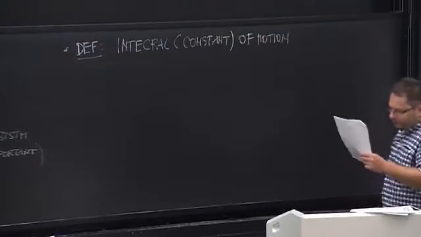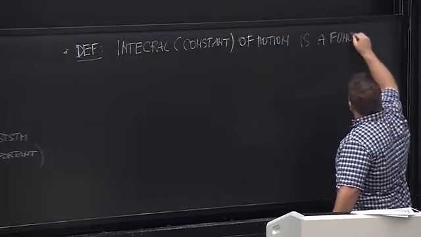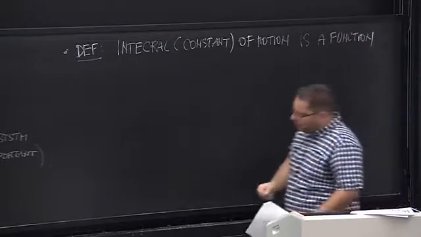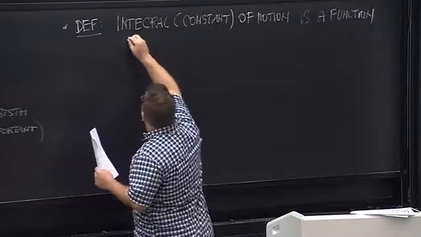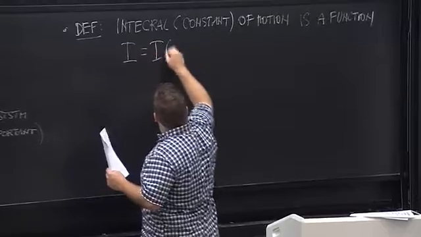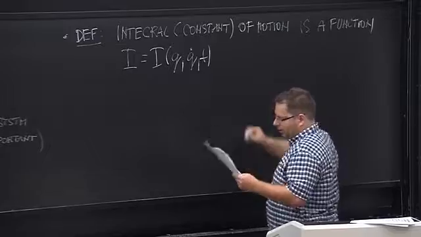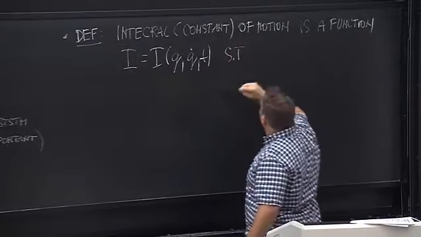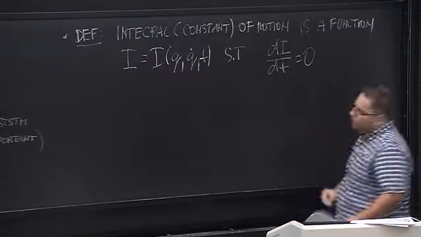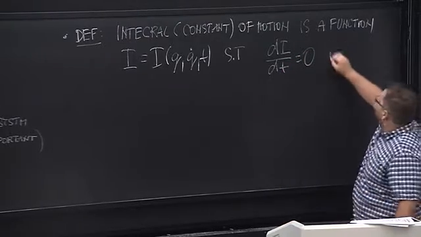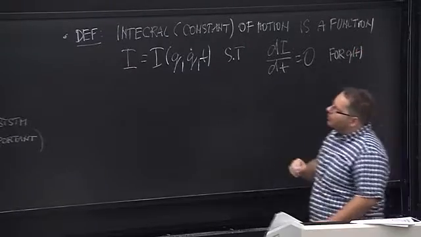I'll give you a very vague definition, but it is a function I, which is a function of q, q dot, and t, such that dI over dt equals 0 along the trajectory q of t, solving the equations of motion.